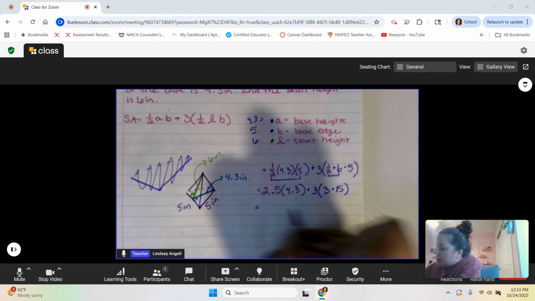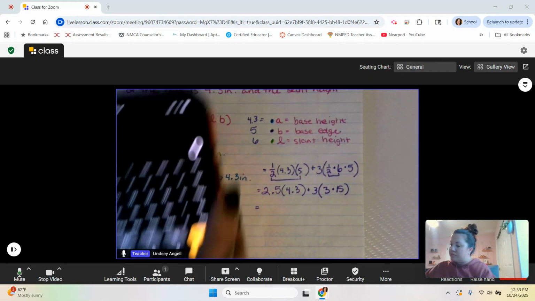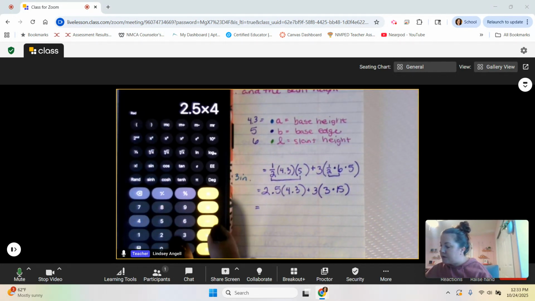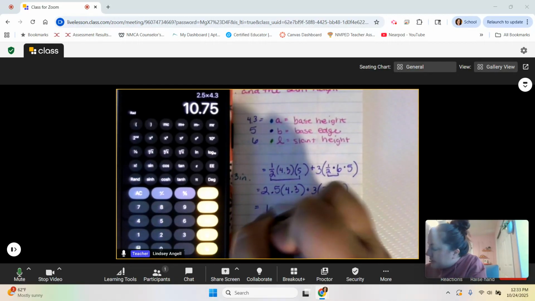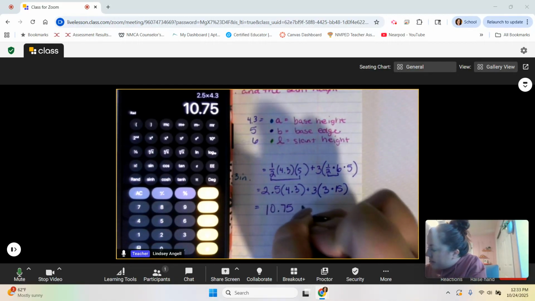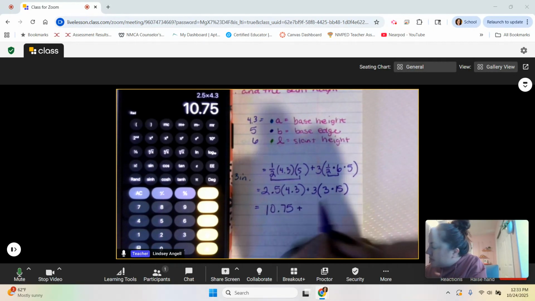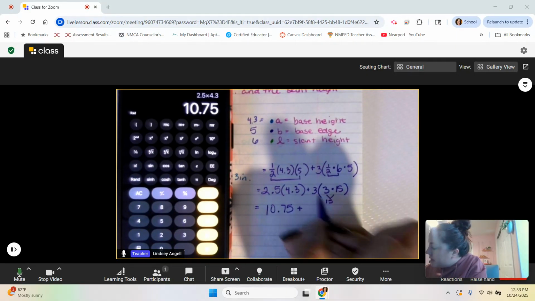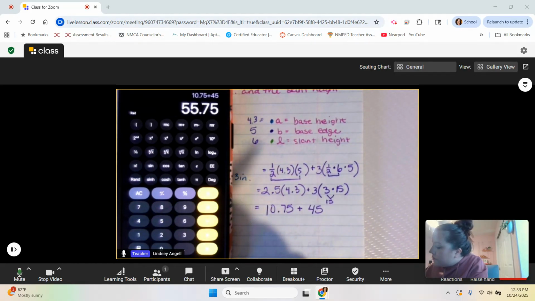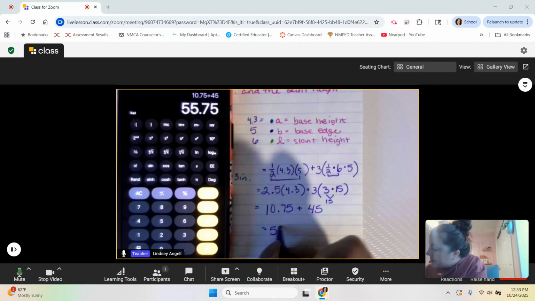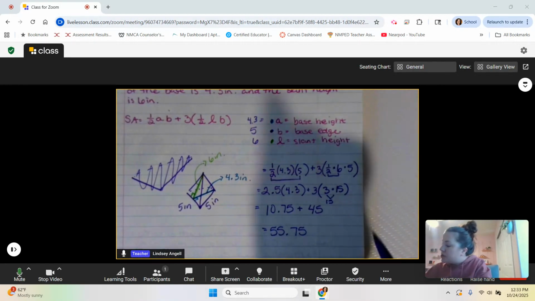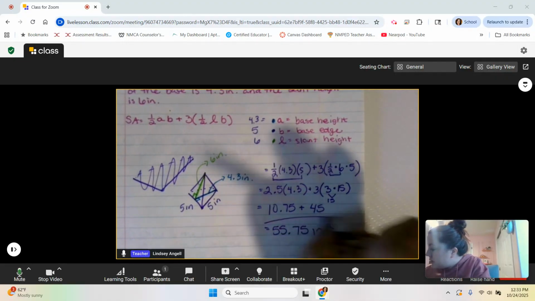And then, on my calculator, 2.5 times 4.3, well, that gives me 10.75 plus, and then this is 15, right? So we have 3 times 15, which is 45. So we'll add 45 to that. And that gives us 55.75. And these were inches, so they're going to be inches squared.